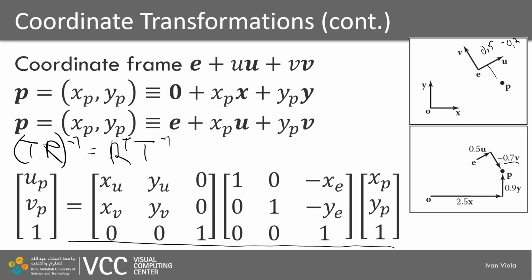These are obviously not the coordinates in the XY coordinate system, so we first translate the point P by the vector OE, so we end up somewhere here, and then we rotate this point further so that it ends up corresponding to this position.